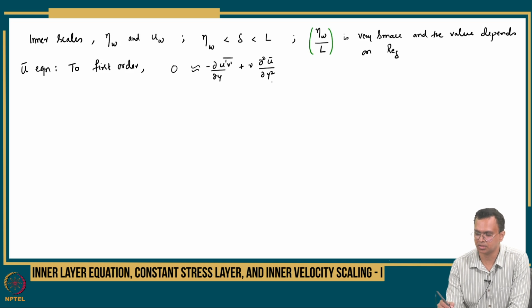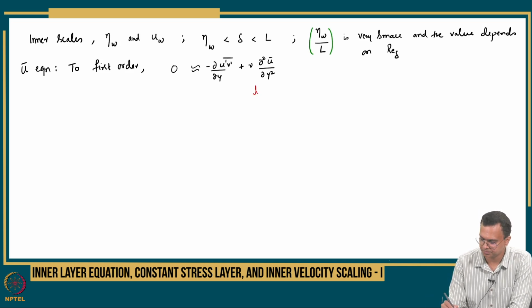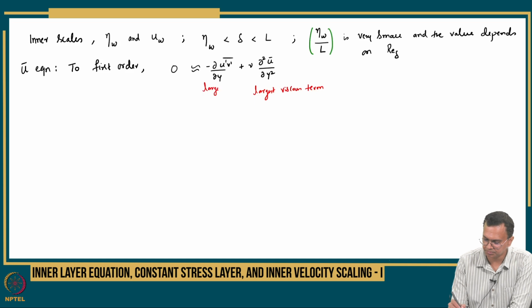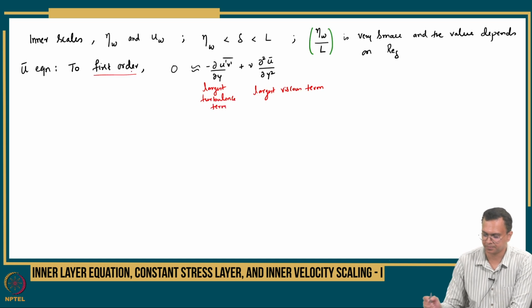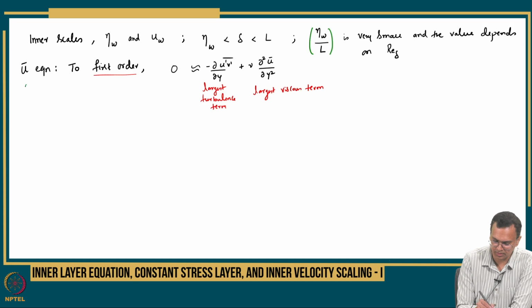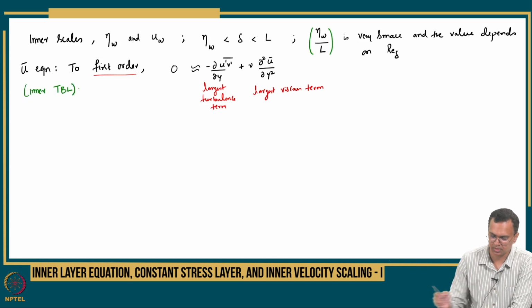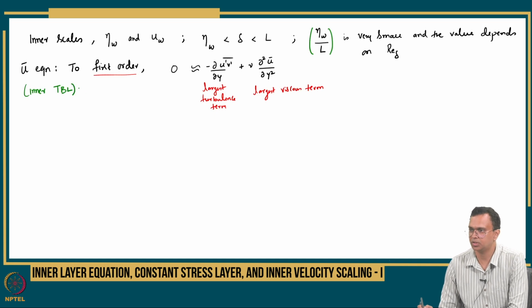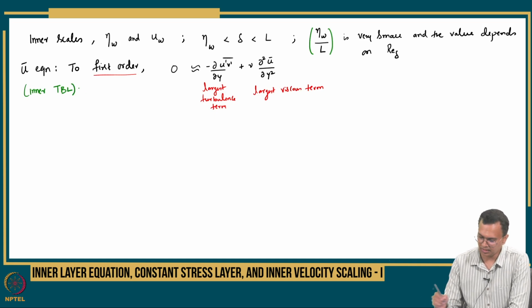The largest viscous term balances the largest turbulence term, to first order, in the inner turbulent boundary layer.